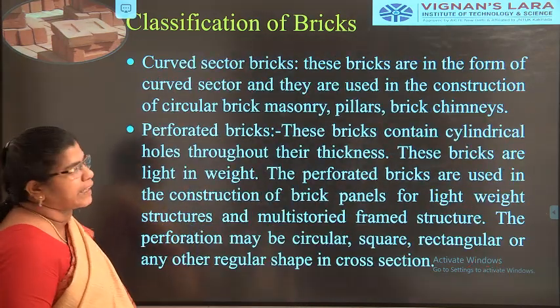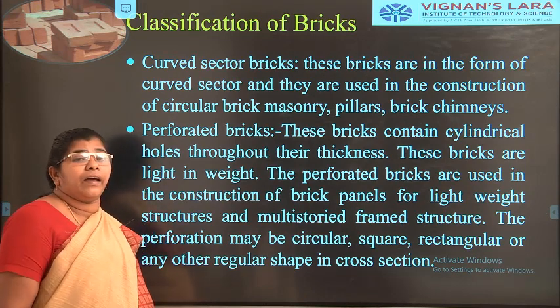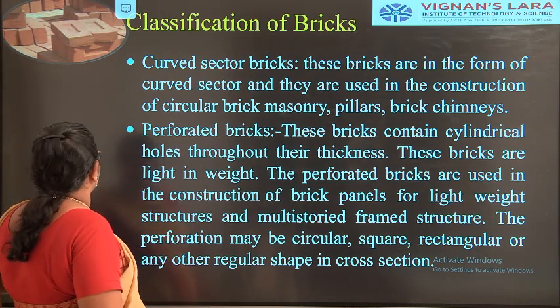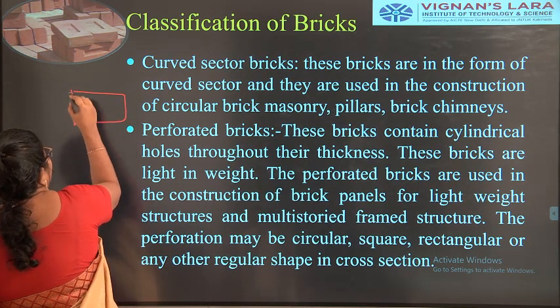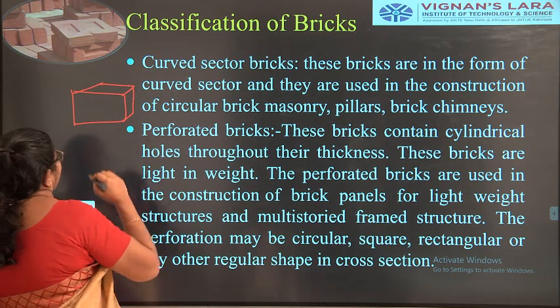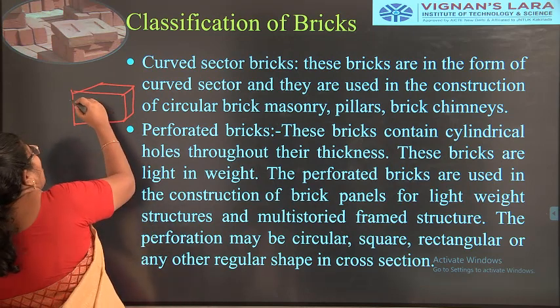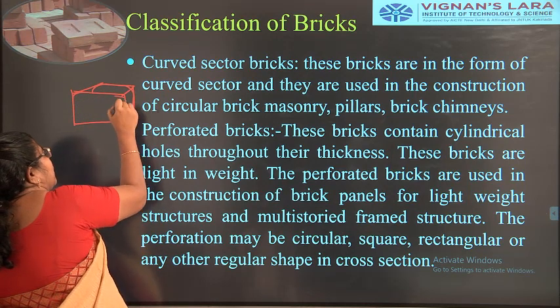The next is curved sector bricks. Most bricks do not have sharp edges. Usually we have bricks of this shape, a rectangular brick with sharp edges. But in the curved sector bricks, all of this will be rounded.